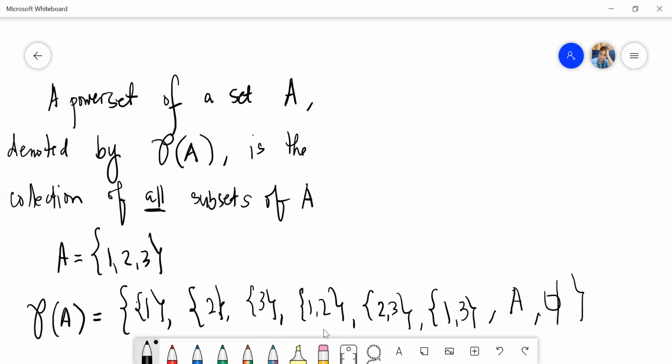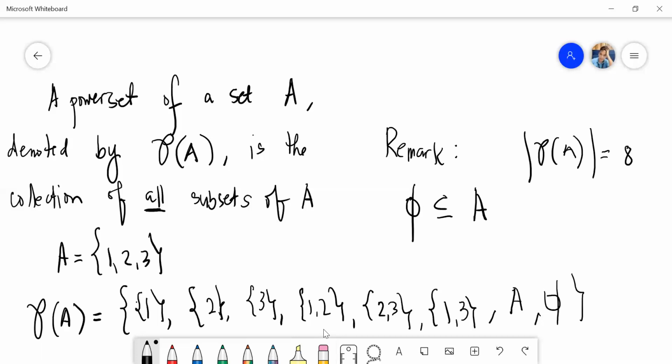So another fact here, empty is always a subset of any set. Okay, so if you notice, this is actually 1, 2, 3, 4, 5, 6, 7, 8. So the cardinality of the power set of A is 8.